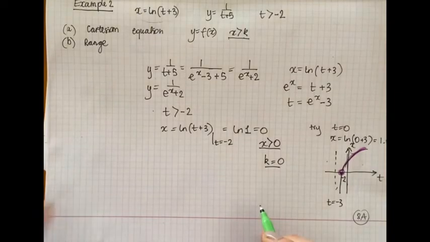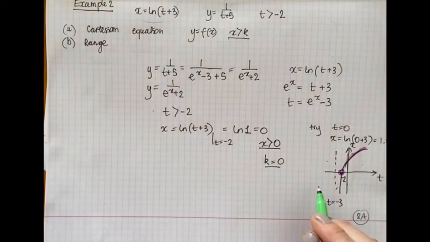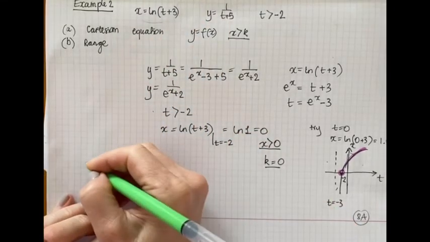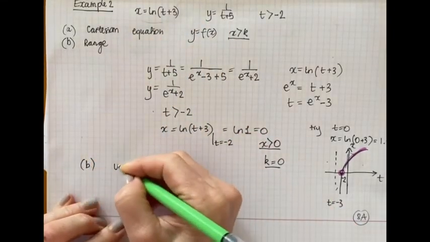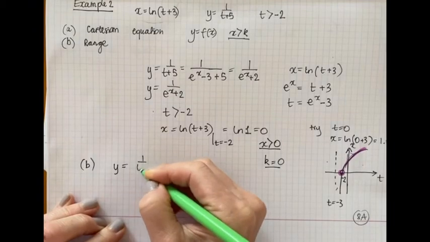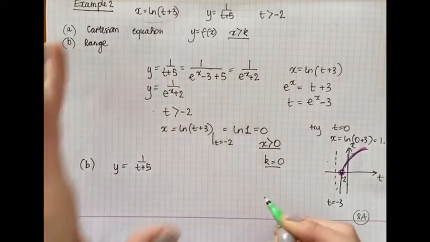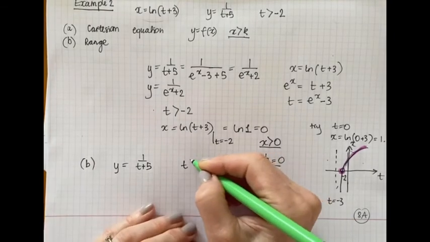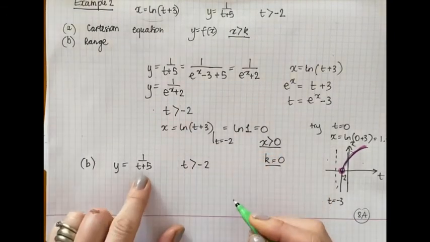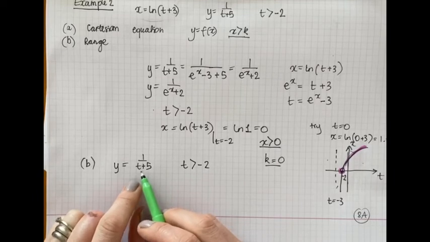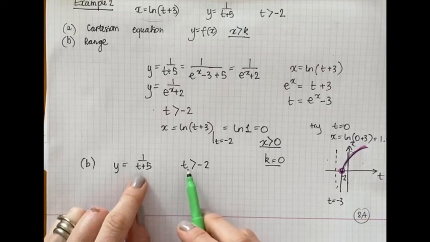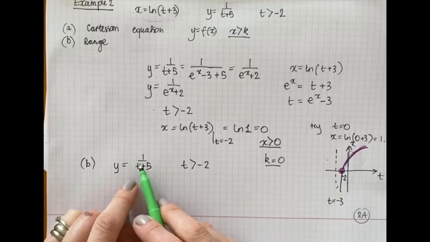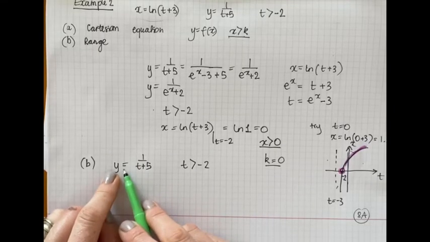Okay, now what's the range? You can look at y equals 1 over t plus 5. Both ln and reciprocal functions, and the quadratic, you need to be very careful with. As you put bigger and bigger values of t into the reciprocal function, the value of y will get smaller and smaller.